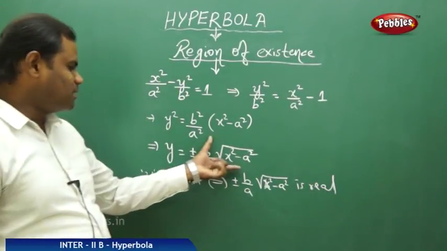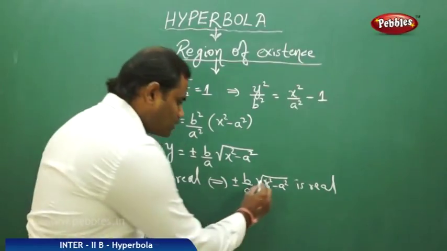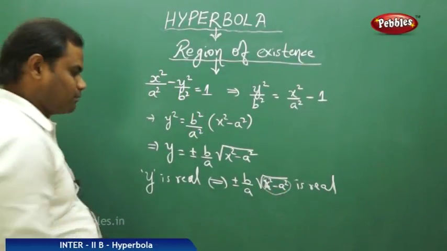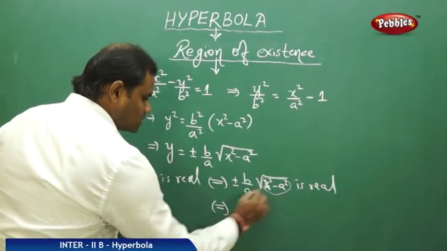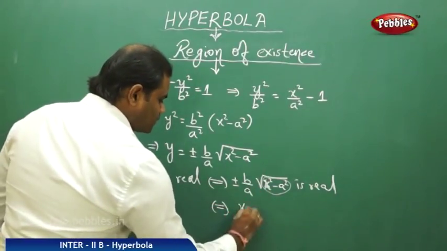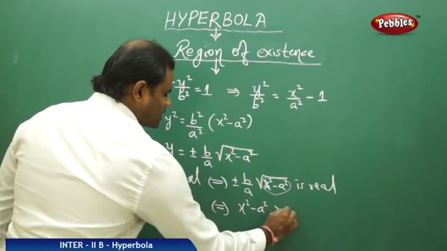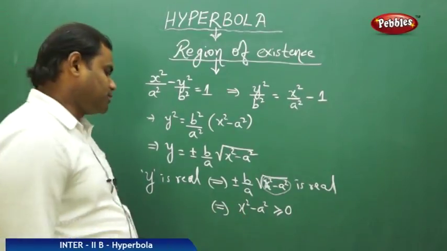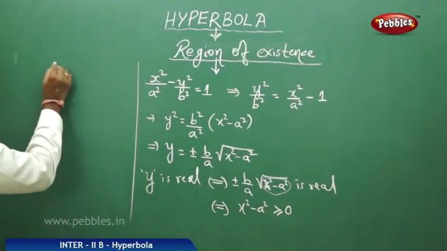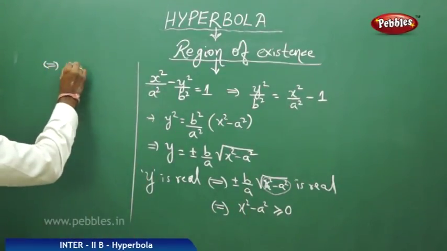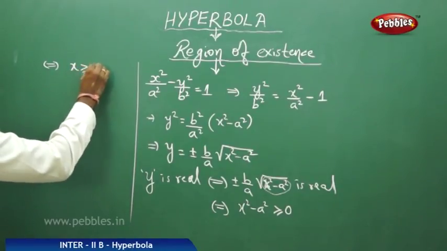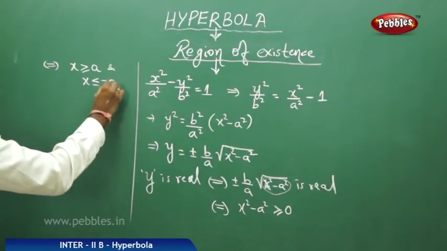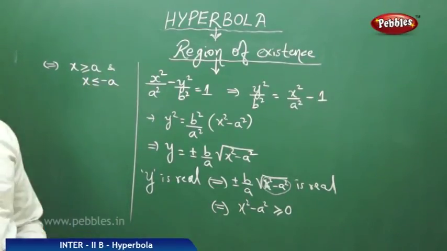And the whole of this is real only when the expression under the root is positive, because the root of a negative number is not defined. Therefore, this is real only if x squared minus a squared is greater than or equal to 0. Which, on further simplification, gives x greater than or equal to a and x less than or equal to minus a.